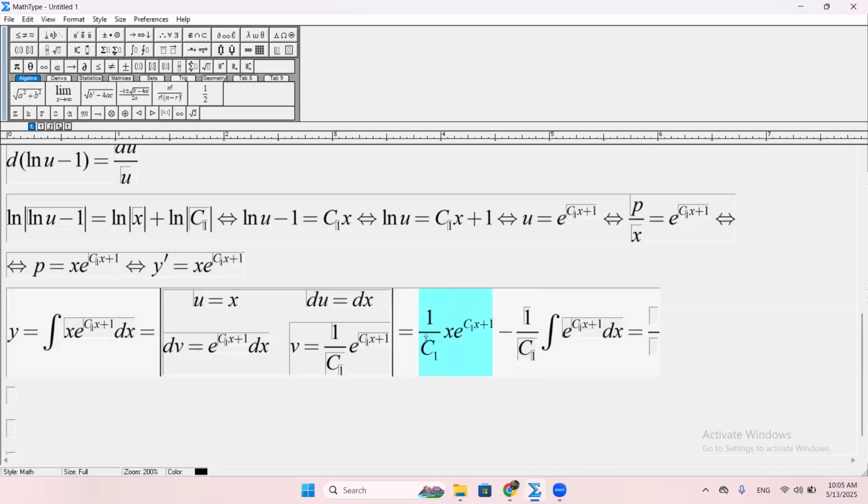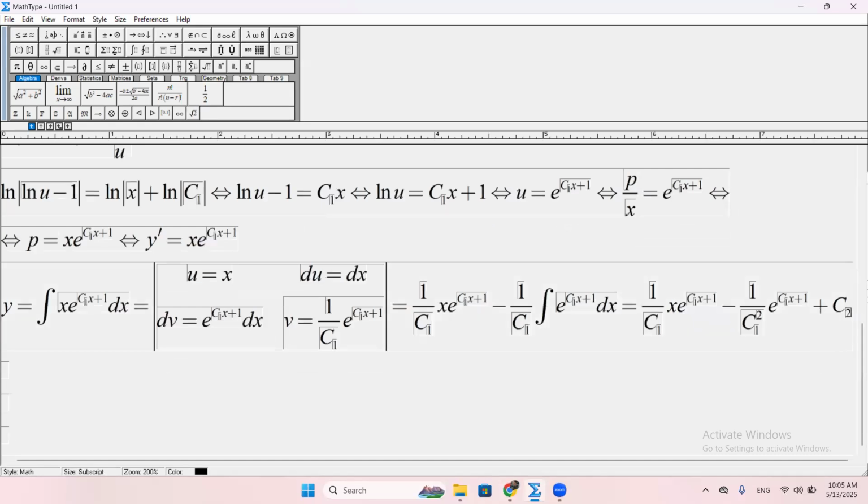Minus 1 over c1 squared e in power of c1x plus 1, and plus c2.